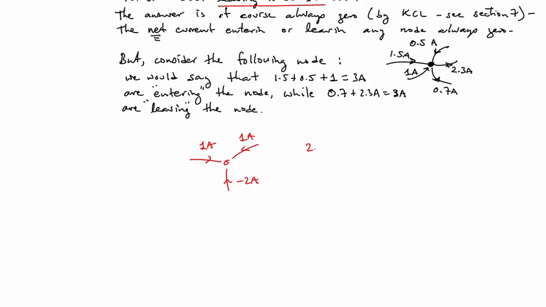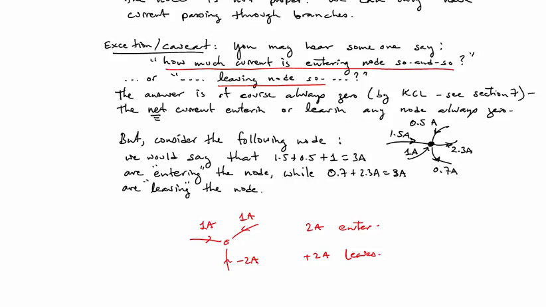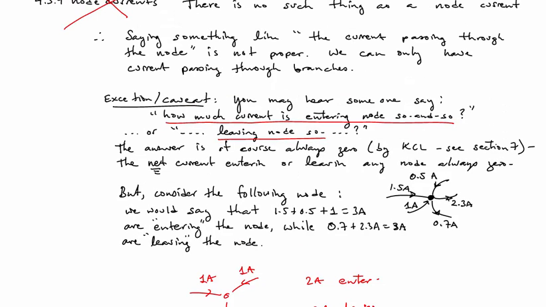So we'd say 2 amps enter, and there is minus 2 amps entering here, or what is in effect 1 amp that leaves. So we could use that language. We could say this node has 2 amps entering it, but we just won't say that there is such and such current passing through a node.